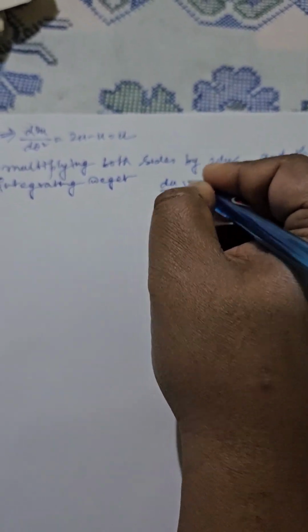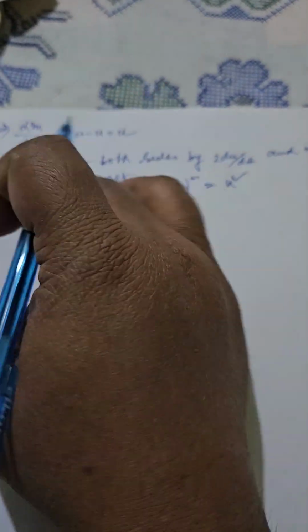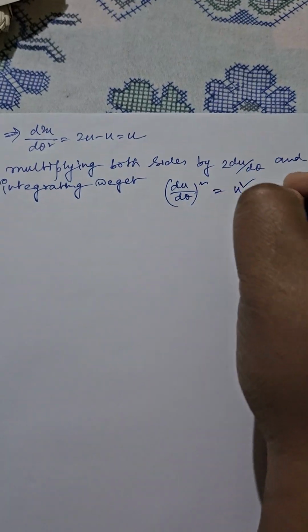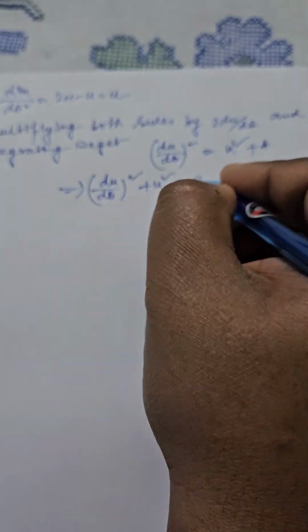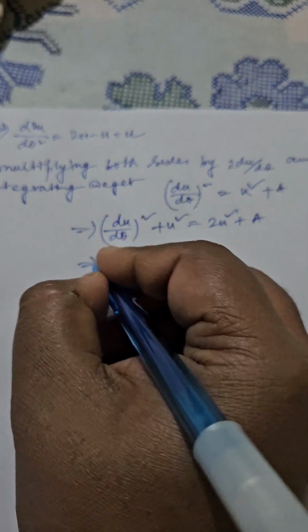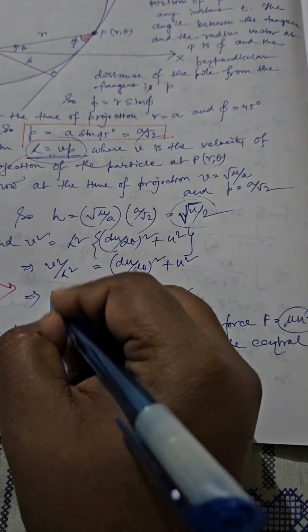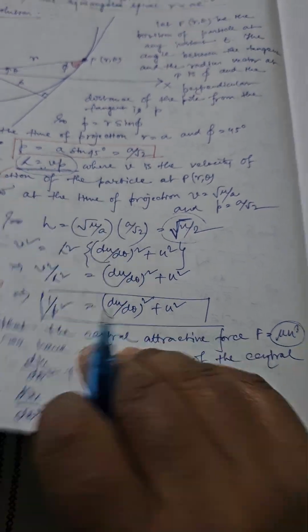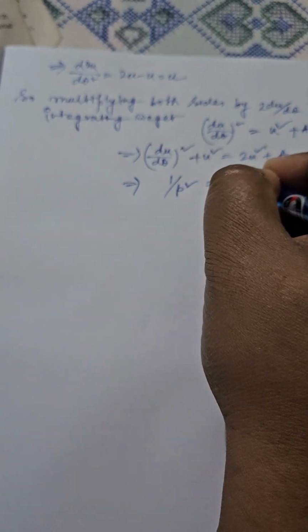Du d theta whole square. On the right hand side, u square, 2 du d theta, 2 will be cancelled, plus some constant a. So that du d theta whole square plus u square can be rewritten as 2u square plus a. But already we have proved this expression is what? 1 by p square. So this part can be replaced by 1 by p square.